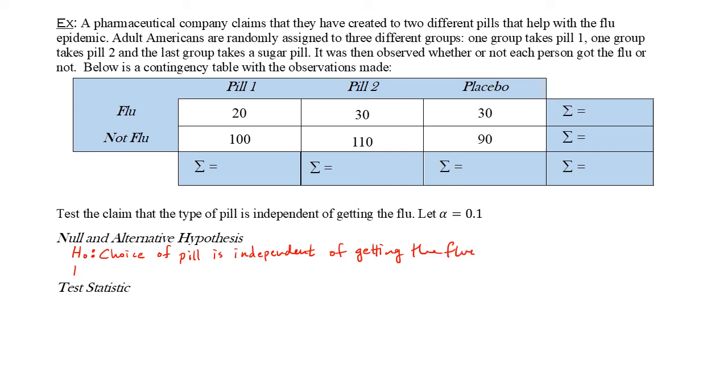And the alternative is that the choice of pill and whether or not we get the flu are dependent, meaning that there is some relationship between them.